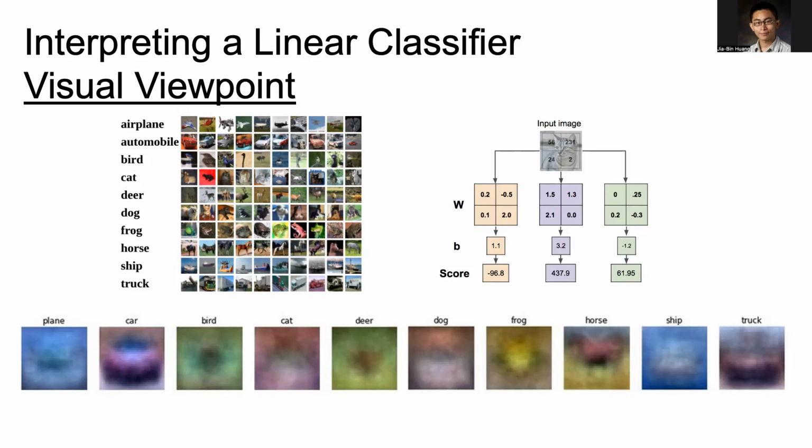So these are just different interpretations. You can think about the linear classifier Wx plus b as pure algebra computation. You can think of W as a template that is compared with the canonical class.